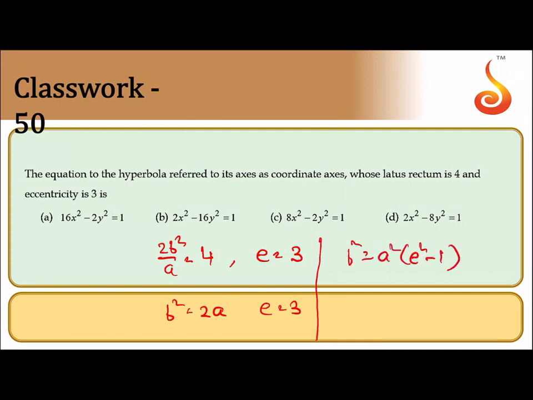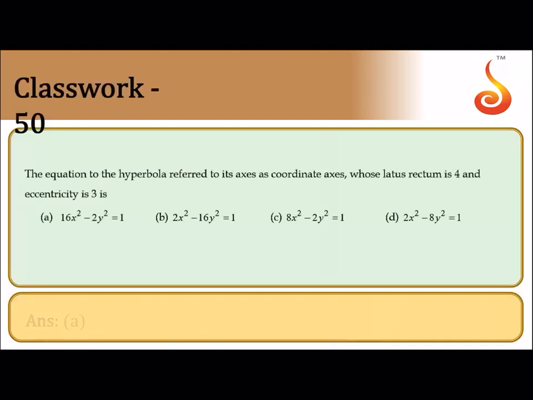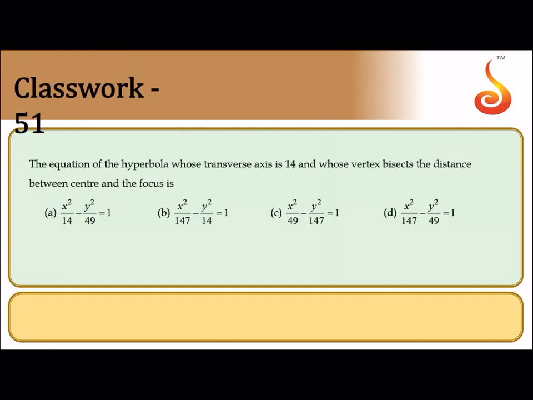We know another relation, b square is equal to a square into E square minus 1. Substituting in this formula, we'll get 16x square minus 2y square equal to 1. Option A is correct.